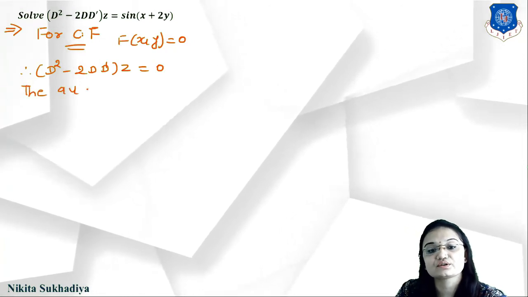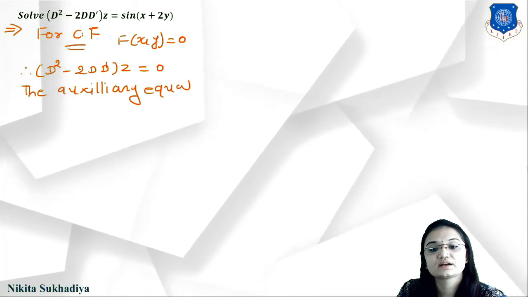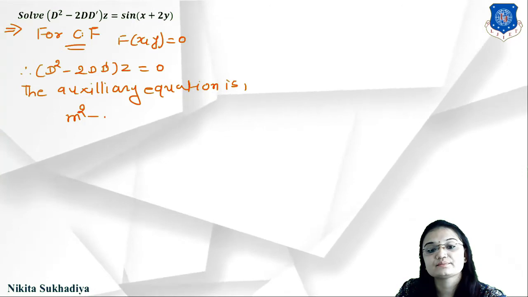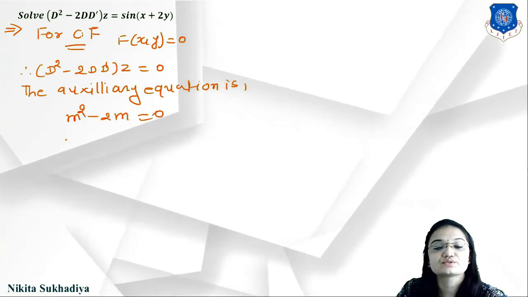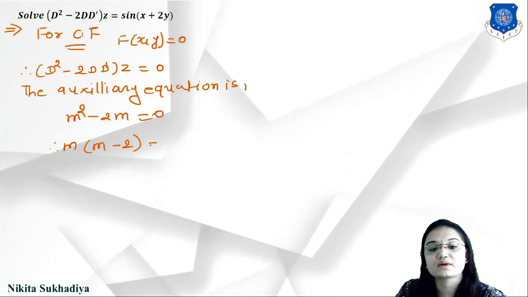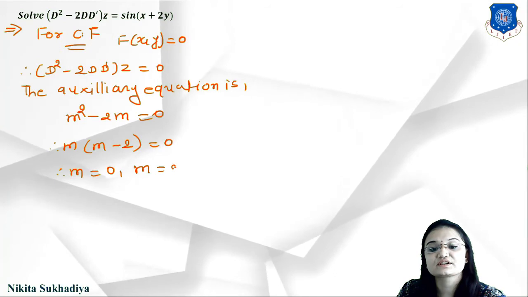The auxiliary equation is m square minus 2m is equal to 0. Taking m common, this becomes m into (m minus 2) is equal to 0. So m is equal to 0 and m is equal to 2.